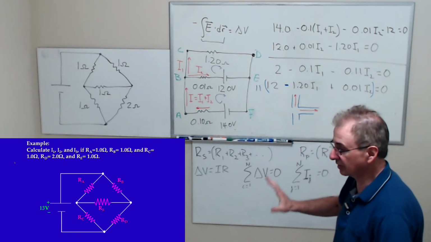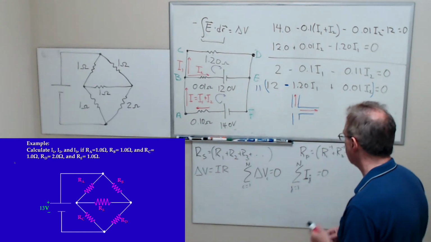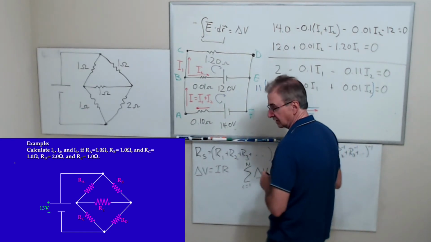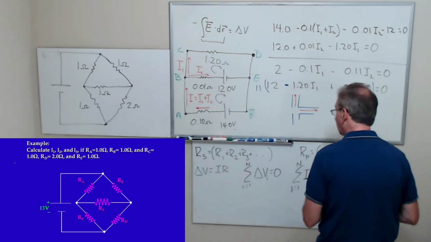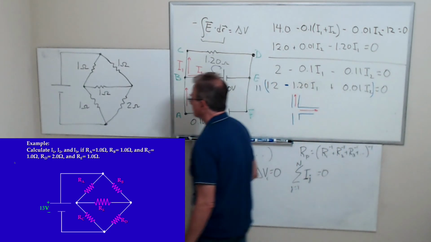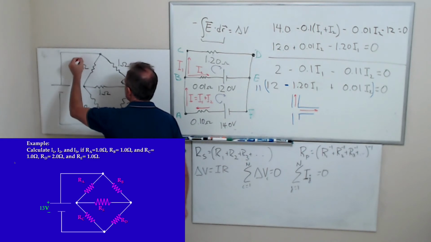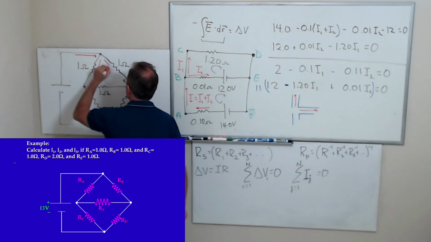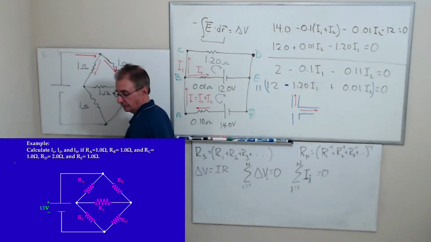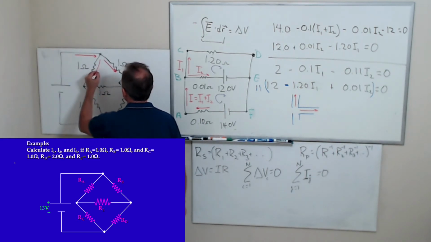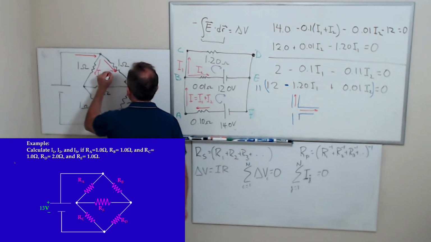So I drew my picture. The next thing I'm going to do is designate my currents. The easiest thing to do is to look at the current from the power supply. It goes through here and then splits this way and this way. I'm going to call this I1 and this I2.